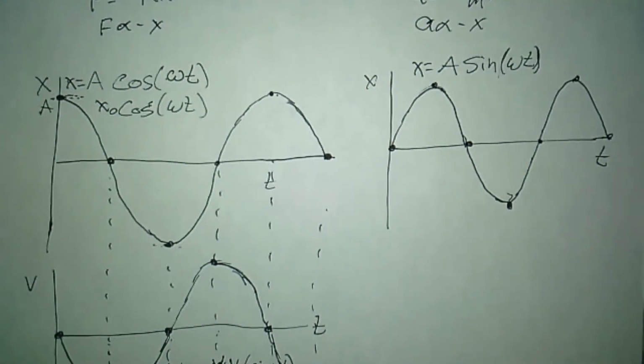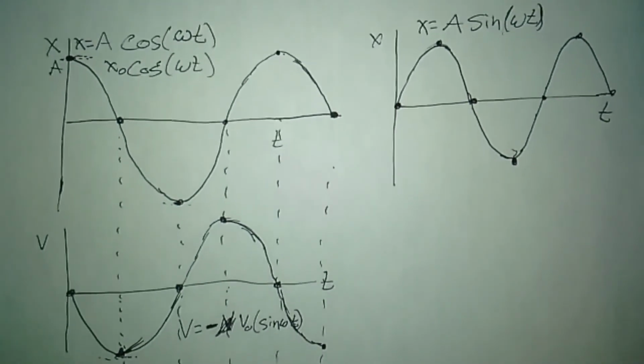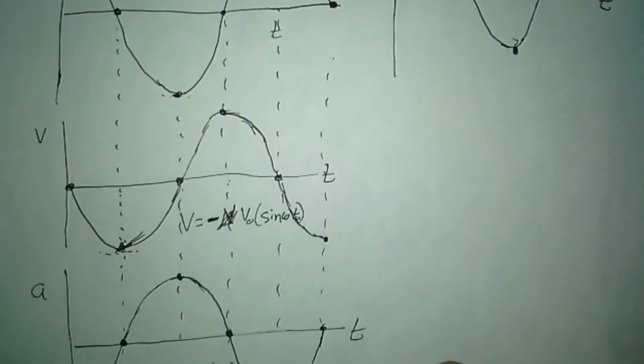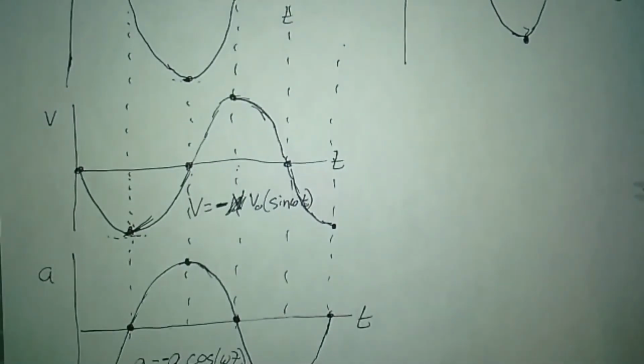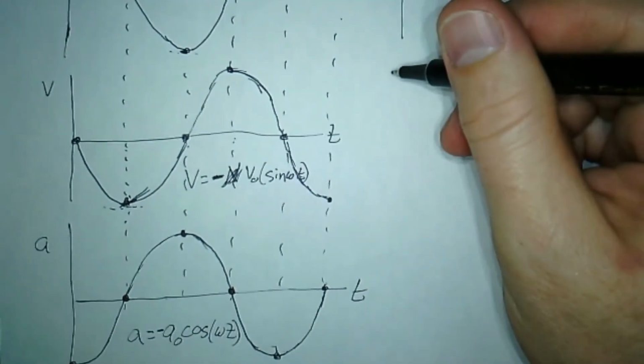Okay, so your position, velocity, and acceleration graphs should all be sinusoids of some sort. If I want to be real technical with these, I can get a little more specific in connecting these. You might need to know a little calculus for this to know where this comes from, but I'm just going to write down the formulas, and if you know the calculus, you'll probably see it on your own.